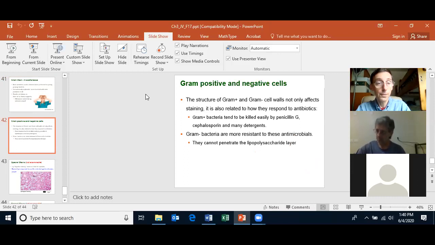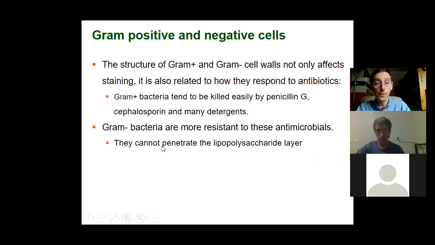Let's go ahead and go with the larger print. The structure of the gram-positive and gram-negative cells not only affects their relationship to the gram staining, it is also related to how they respond to certain antibiotics and other treatments.